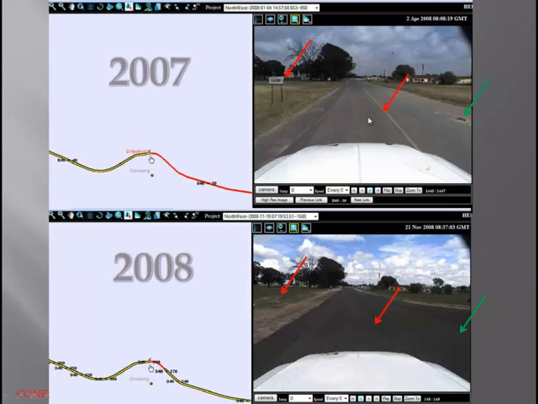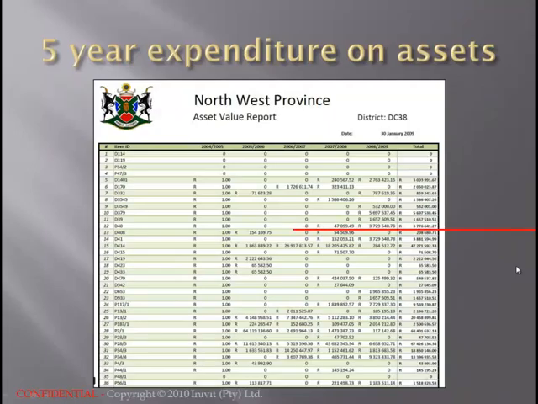This is the type of information that we will be able to audit in proximity of each location each year. In this province, we can see that the expenditure was linked to each asset and each project, and therefore we will be able to see what money from the client's budget was spent on what infrastructure item.